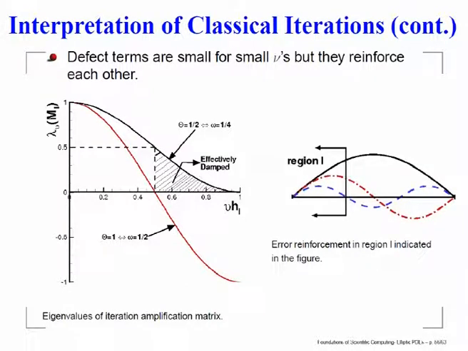So I could mark out a space where I say, okay, this shaded part is the area where I get a very strong damping, starting from half to 0. So every time I do that, my error gets multiplied by this eigenvalue, right? So this part struggles, it does not change very much, but this part attenuates at a quite rapid rate.